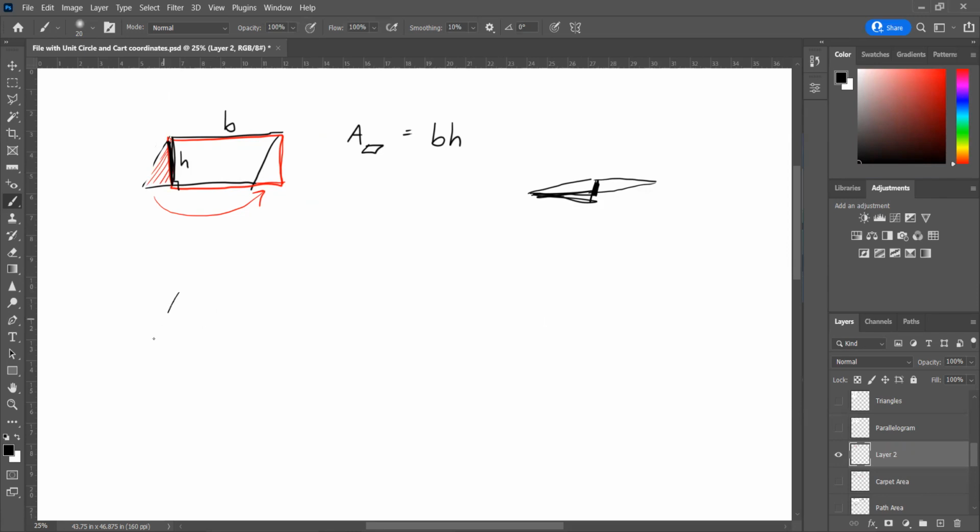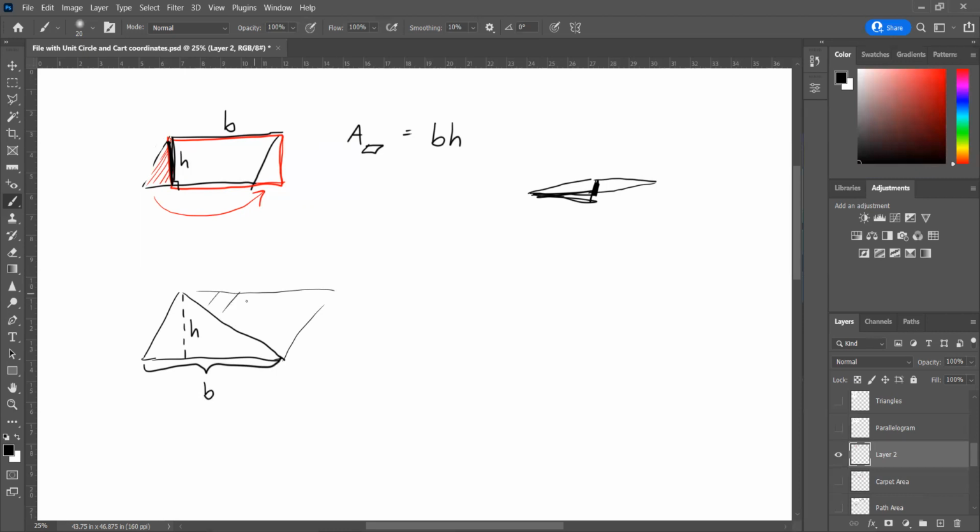We could do something similar with a triangle. Say we had a triangle like this. We pick up that triangle and kind of flip it over. Now we've got a parallelogram. And so let's do something similar. This is our height. This whole distance is our base.